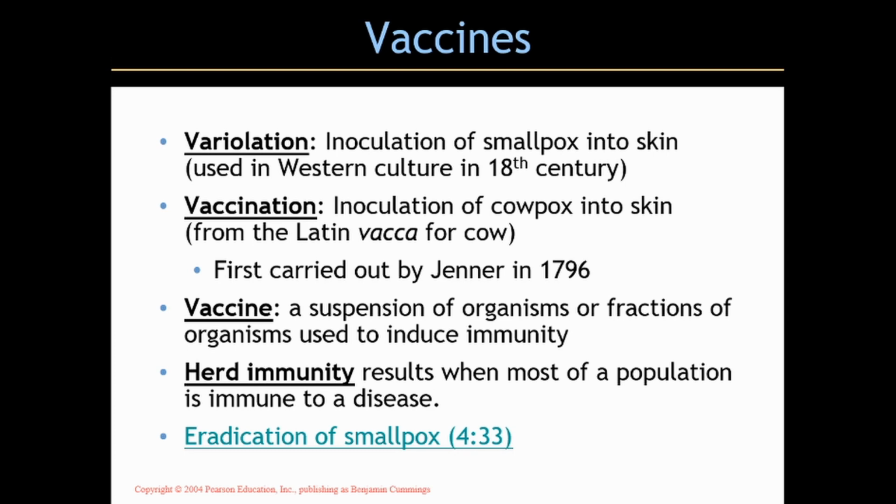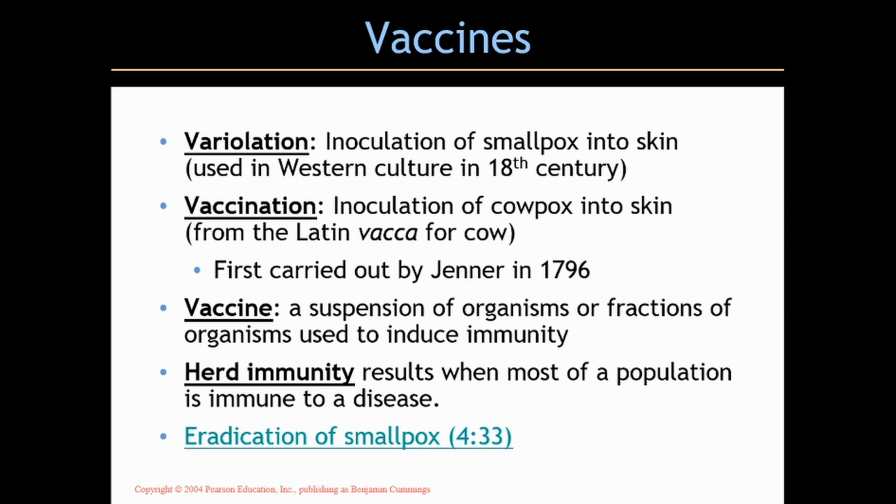Variolation is actually quite an old practice, dating back centuries. The Chinese used it, and we have a record of it. It was also the process used in Western culture in the 18th century, where they would inoculate smallpox into the skin of people.